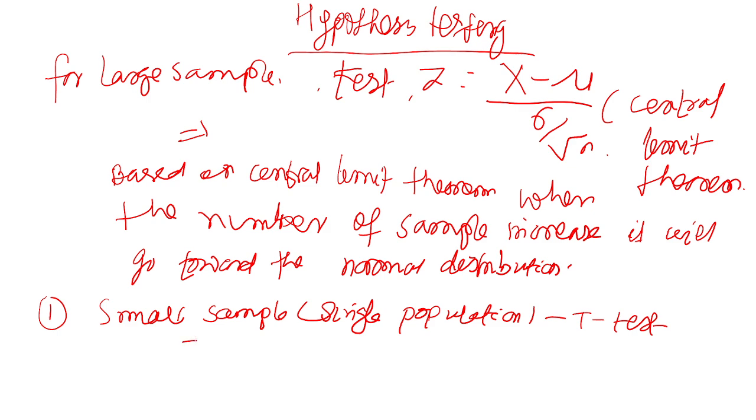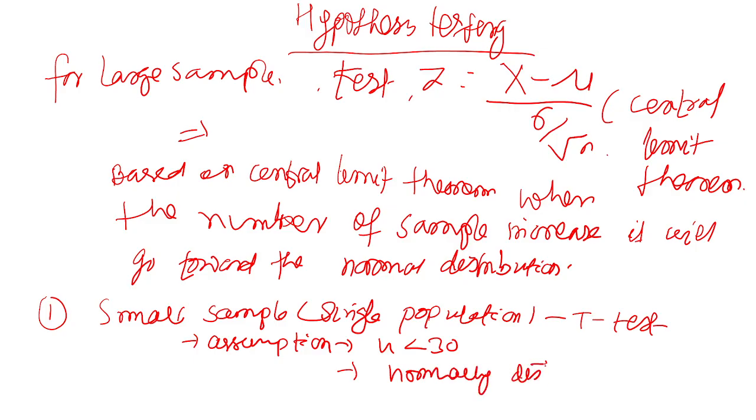For that we have assumptions: the number of samples should be less than 30, and it should be normally distributed. I'm just giving the brief actually.